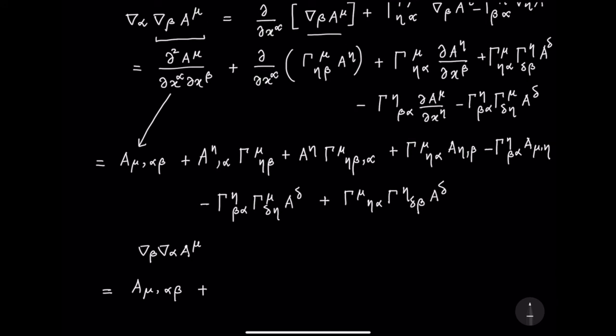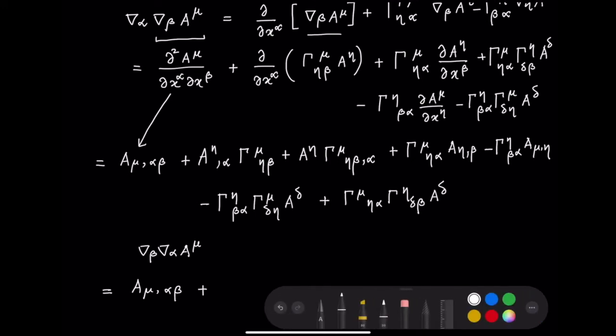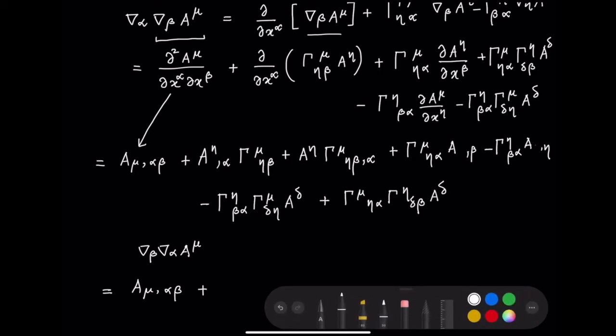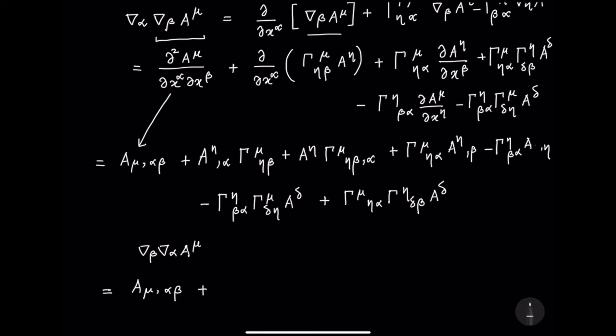I should properly write the indices. And the same mistake I have done a few times. As I can see, this eta and this mu should go upstairs. I think the rest of the places I have done it correctly.